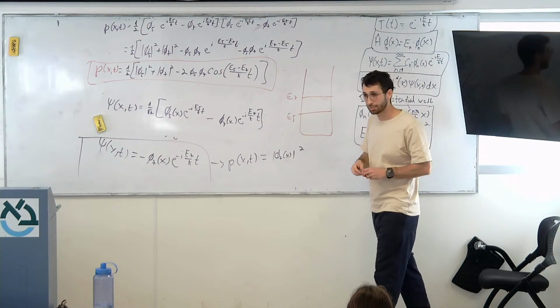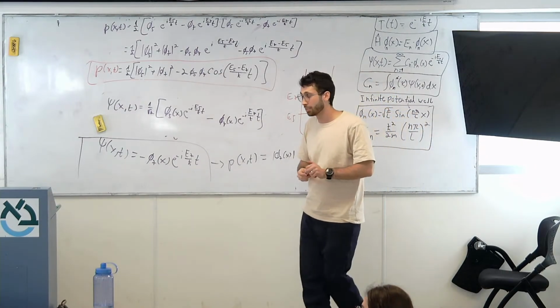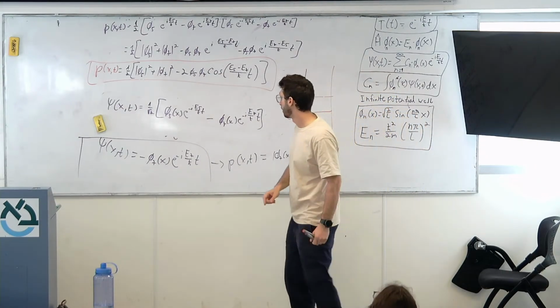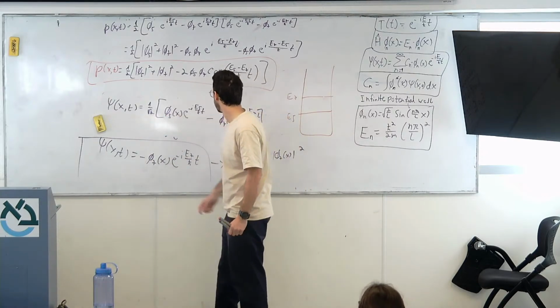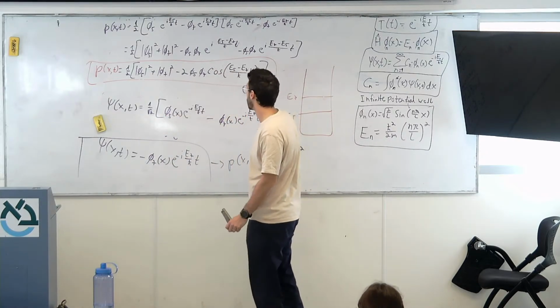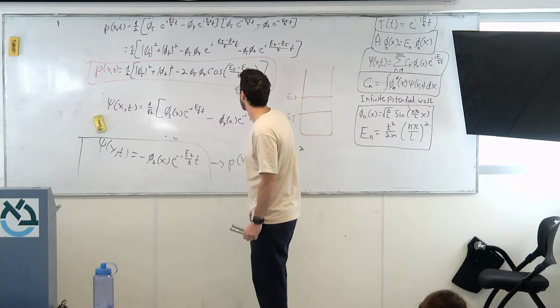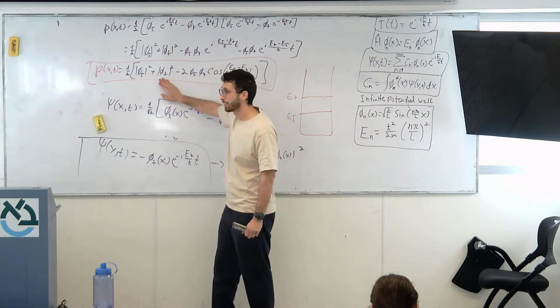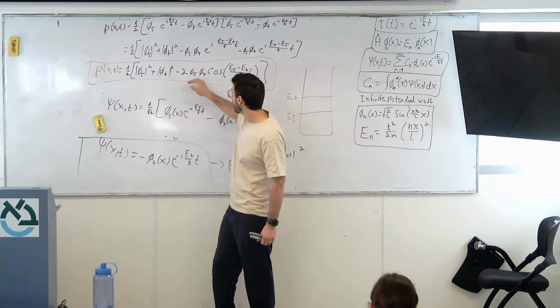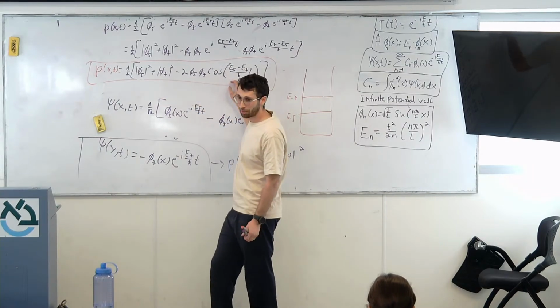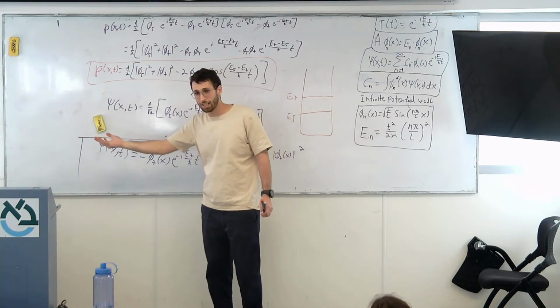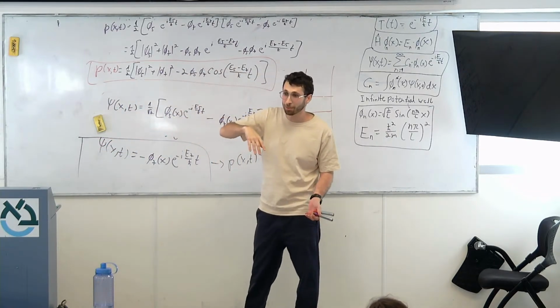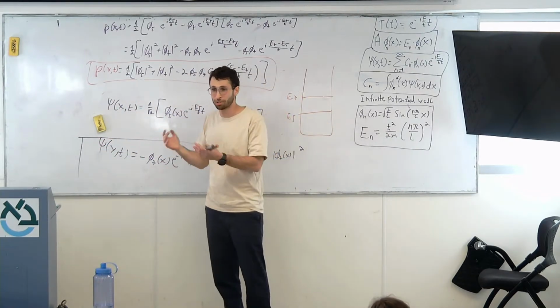Yes? Is it normalized? Sorry, p of x, t, of course. So it's half times. Yeah, I mean also p of x, t, because say half of the time here, half of the time here, right? Here on average it will be 0, because sometimes it will be more on psi 5 and less on psi 7, and sometimes it will be more on psi 7 and less on psi 5.